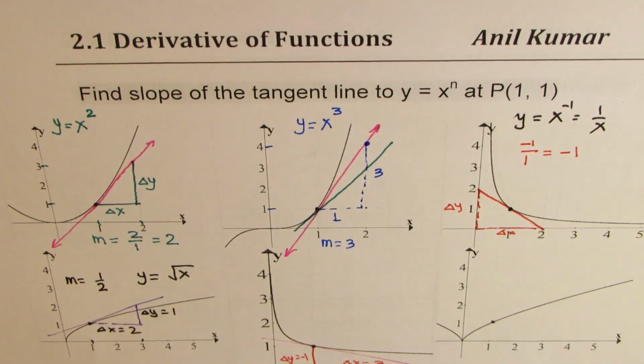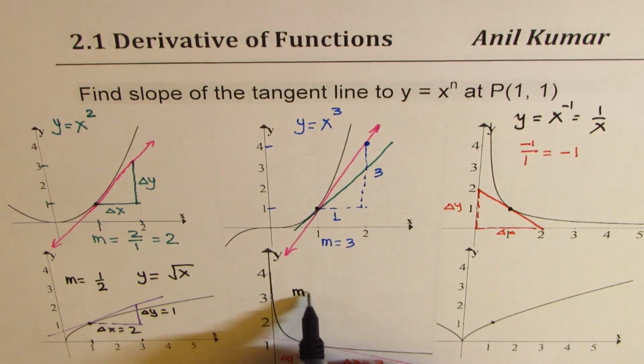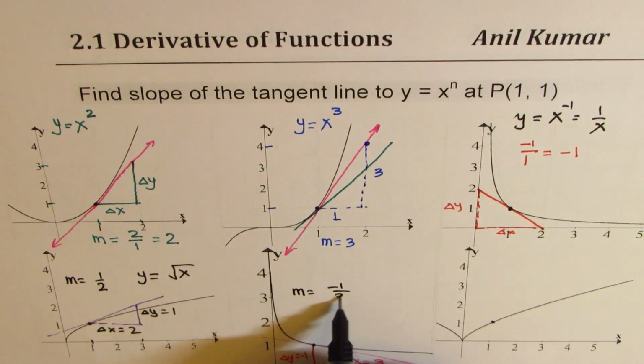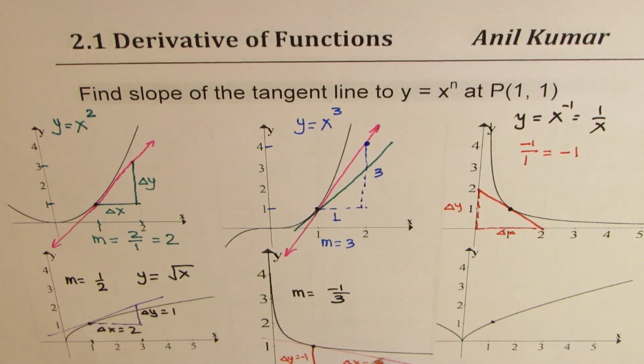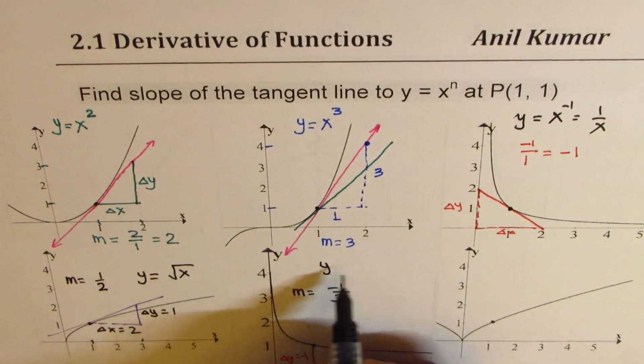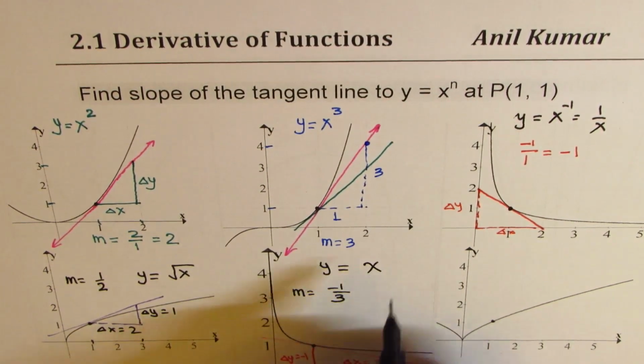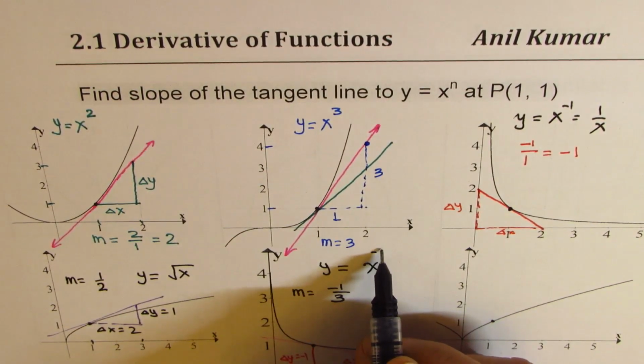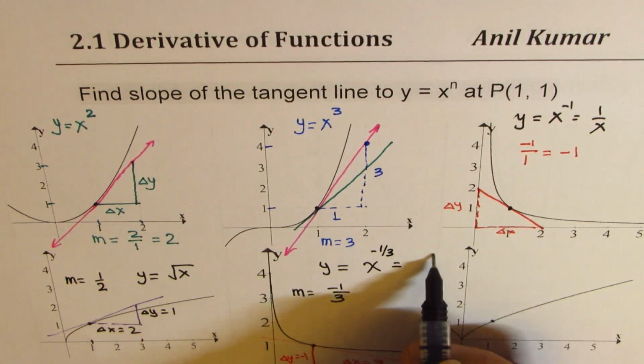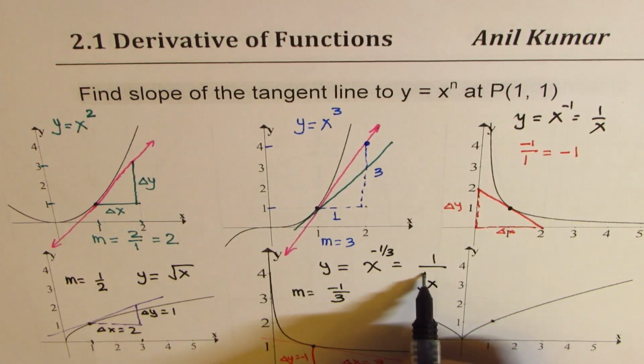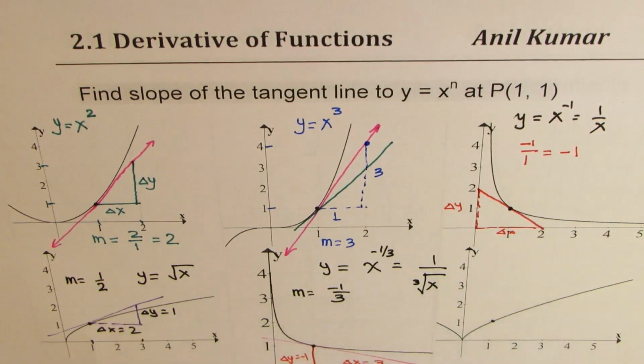So in this particular case, we get slope m equals negative 1 over 3. And you will notice that this graph is of the function y equals x to the power of minus 1 over 3, or 1 over cube root of x. Do you get an idea?